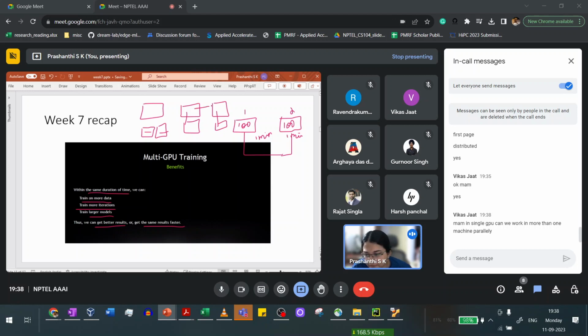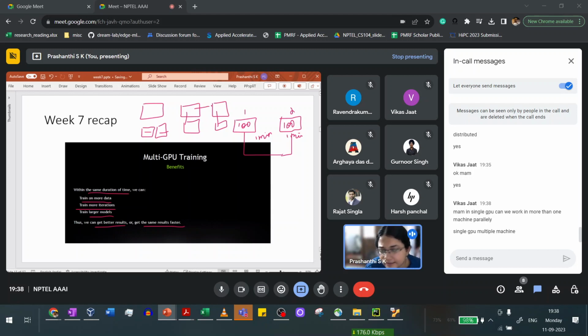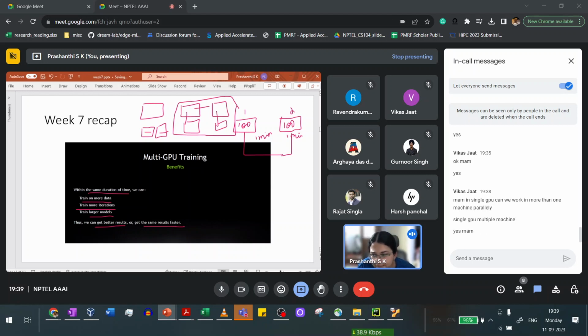So those are the two scenarios. Hopefully what you asked is one of these. If not, you can correct me. Single GPU, multiple machine, yeah, which is basically this, right? This is what you're talking about. Or is it something else? Okay, great. Yeah, you can do things like this. Both are valid. You can have one system with multiple GPUs, or you can have multiple with one GPU each. Both are possible.